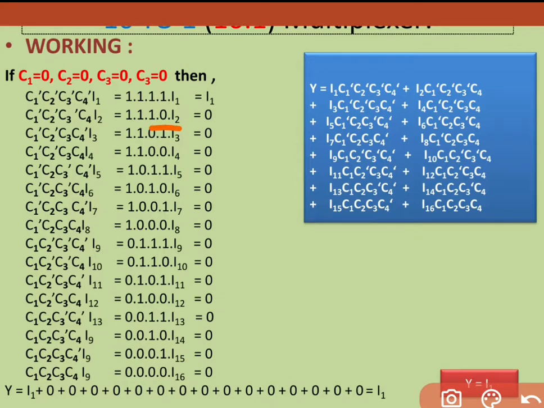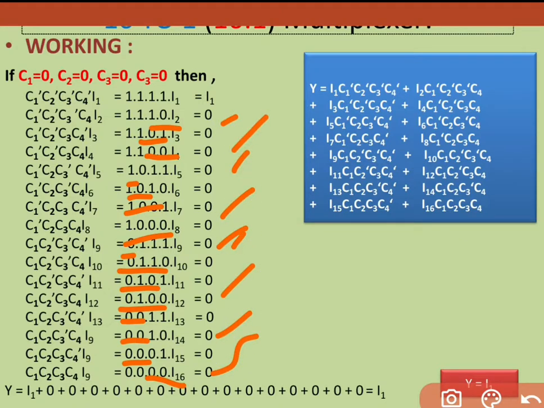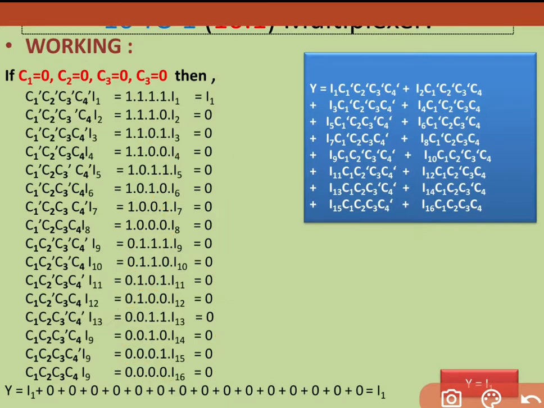In every equation you are getting 0. That's why each and every equation gets the answer 0. When we are putting it together, we are getting I1 as output.